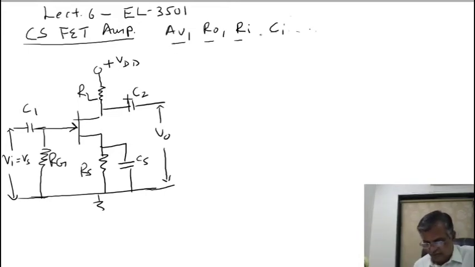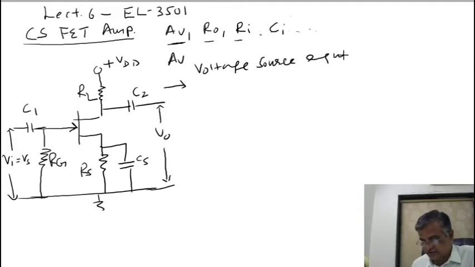Already we have discussed the function of each one. To derive this AV, the voltage source equivalent circuit is used. In that circuit, this device works as a voltage source, or you can say this device provides you the voltage.